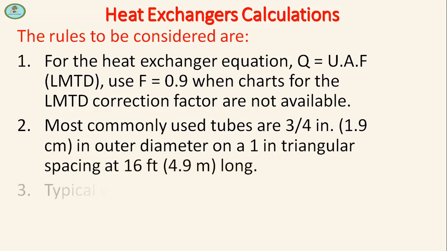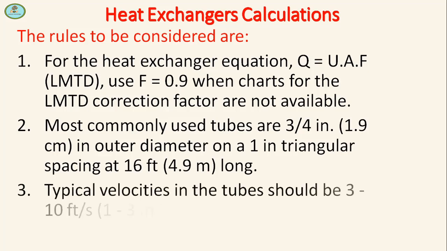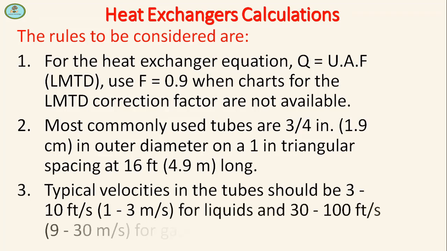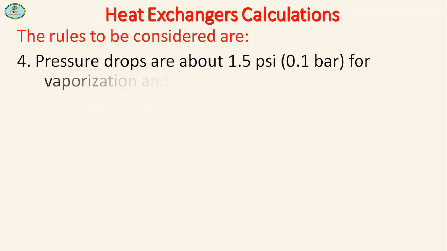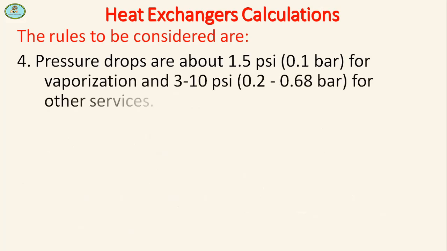Third, typical velocities in the tubes should be 3 to 10 feet per second for liquids and 30 to 100 feet per second for gases. Fourth, pressure drops are about 1.5 psi for vaporization and 3 to 10 psi for other services.